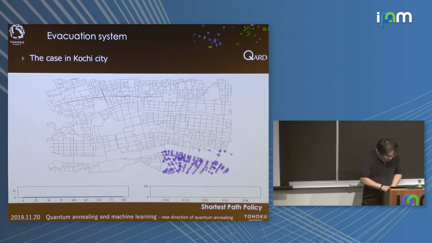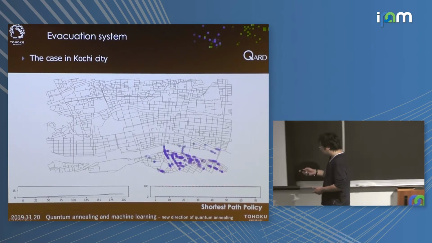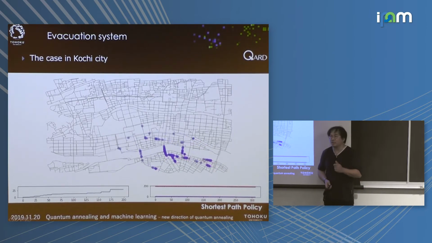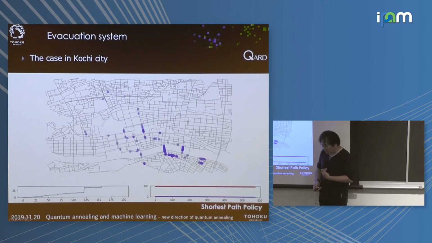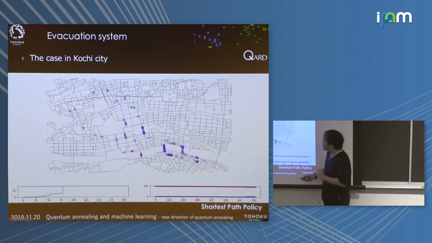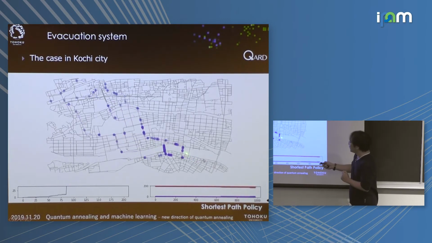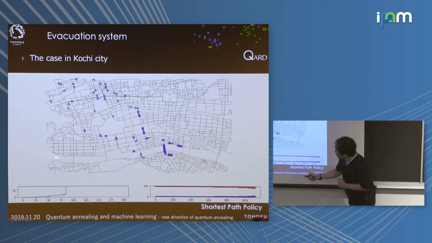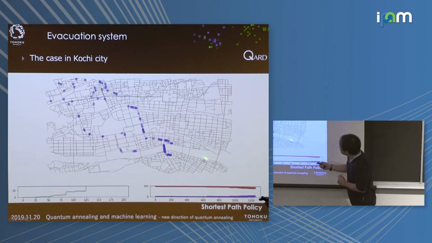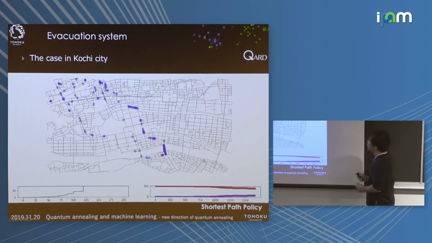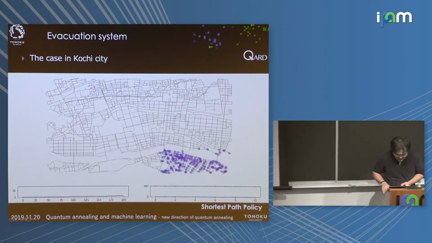So this is a demonstration movie. For example, many users use smartphone map applications, considering their own shortest path. Then you observe some congestion on this bridge. Yes, here are the rivers, and we have some bridges. So 100 users are suffering from congestion for evacuation in a tsunami.